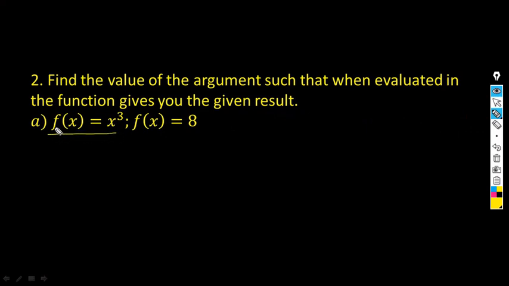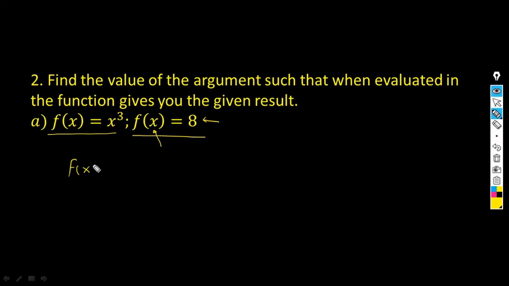I have a function f of x equals x to the cube, and I'm being said that for some particular value of the argument, f of x equals 8. So I'm being given the output. You see, this is the output, and I'm being asked to find the input such that it produces this output. You see? Okay, so let's see how this works.